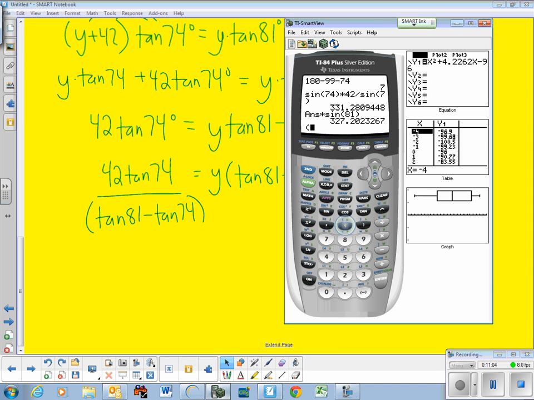So on top, I've got 42 tan 74 divided by tan 81 minus tan 74, fingers crossed, denominator in parentheses, 32.43 is y.